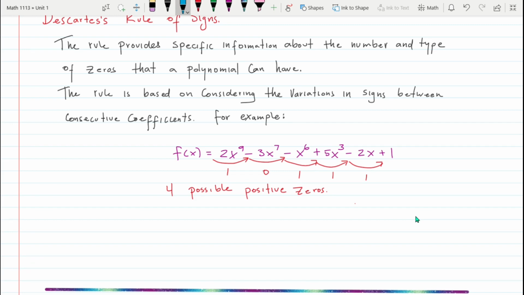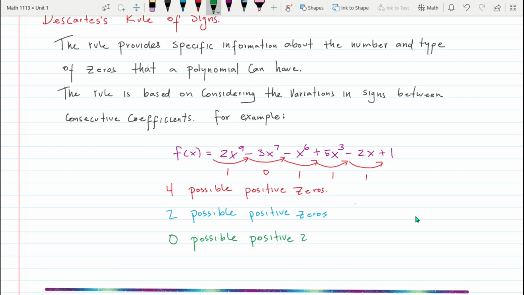So 4 minus 2 is 2. So there's also 2 possible positive zeros. Well, I can still take away another 2. So if I take 2 away from 2, I'm going to have 0 possible positive zeros. What does that mean?